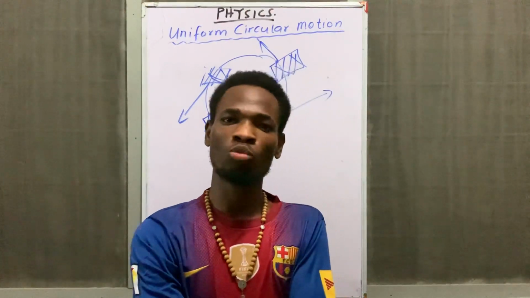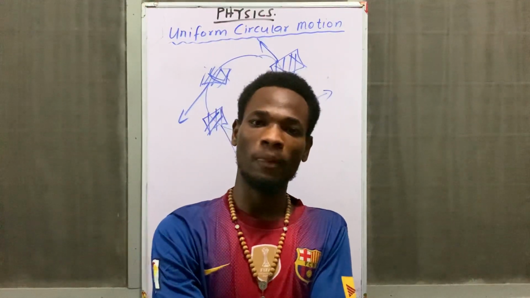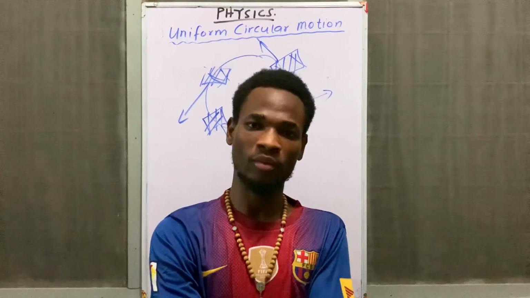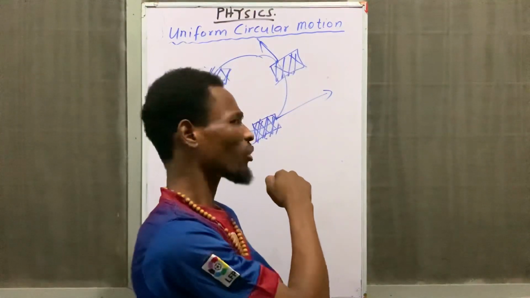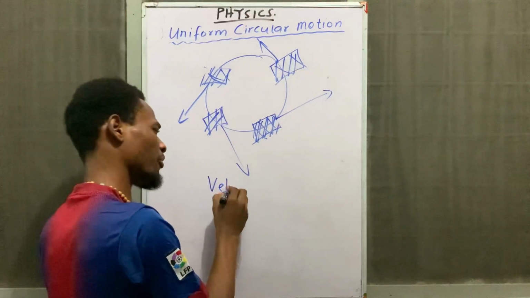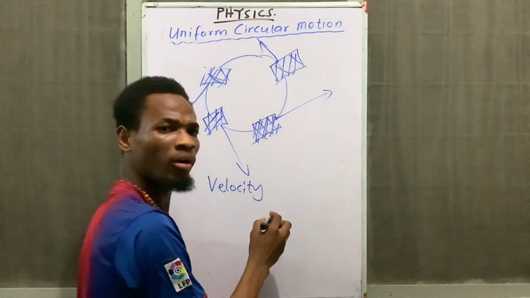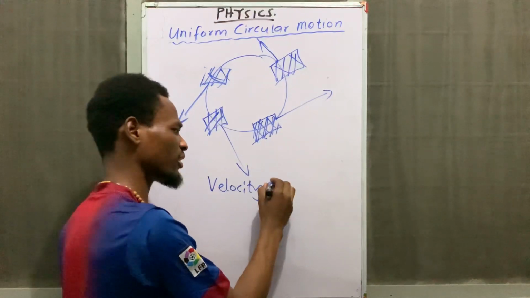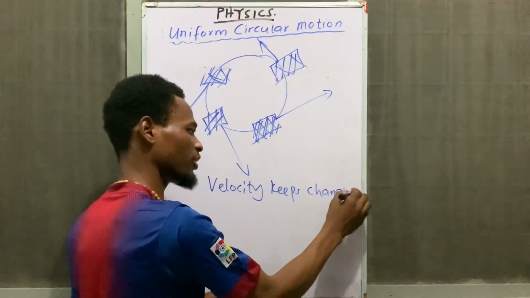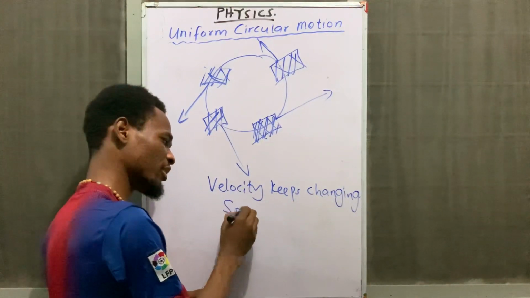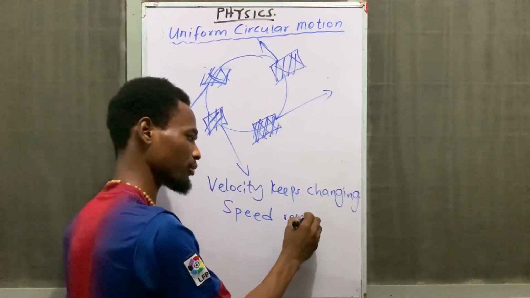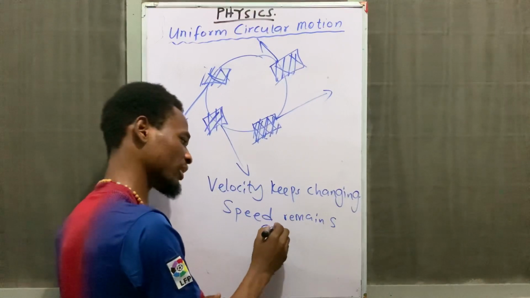Please, are you okay? So now let's consider speed over here. And you know that speed is a scalar quantity, right? But here, one thing you need to know is that the velocity of the body keeps changing, but the speed of the body remains constant.